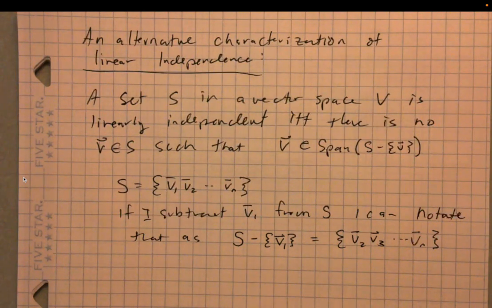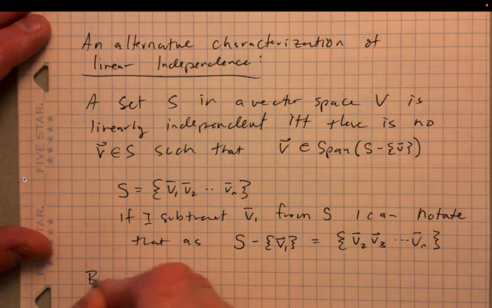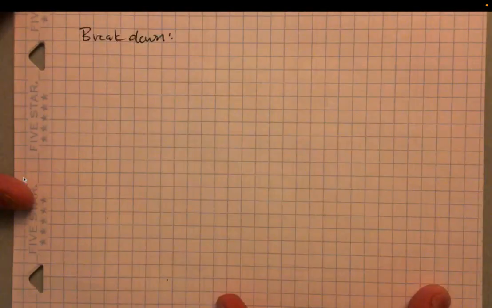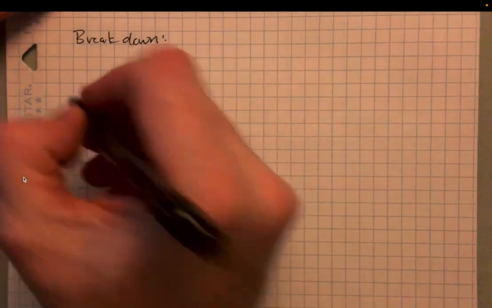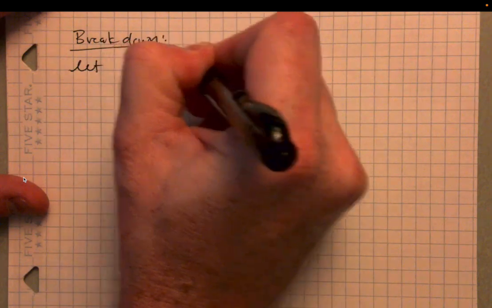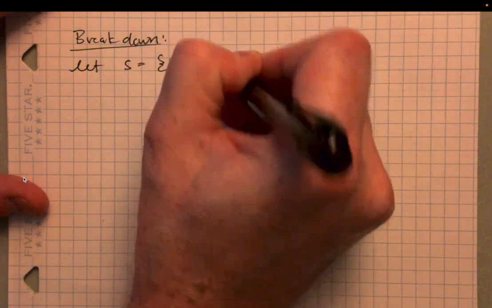So let's break this down a little further, because this is a key point. This is very key. Let's let S equal V1 through Vn.